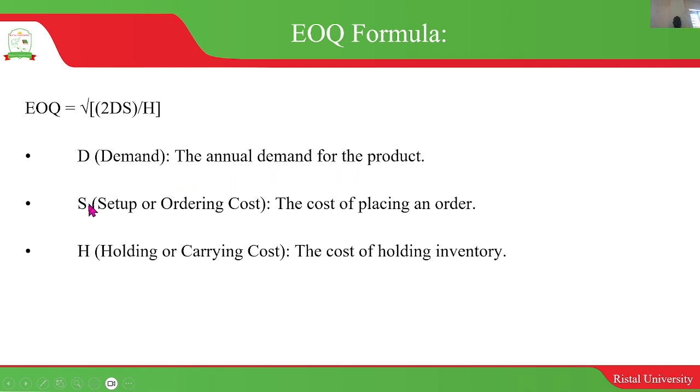S refers to the setup or the ordering cost, the cost of placing an order. And H is the holding or carrying cost, which refers to the cost of holding an inventory.